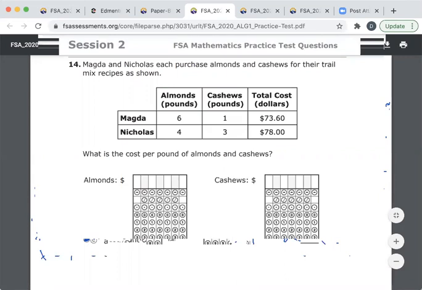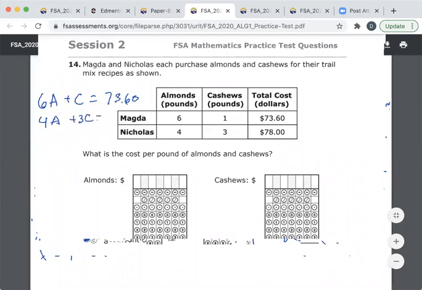So 6A plus 1C equals 73.60 for my first line. And then 4A plus 3C equals 78. And that is the data from the second line.